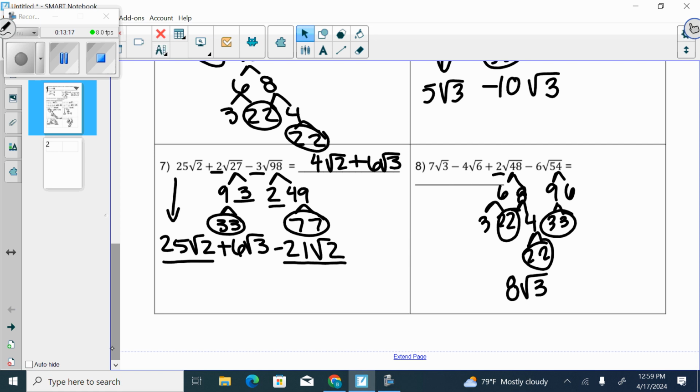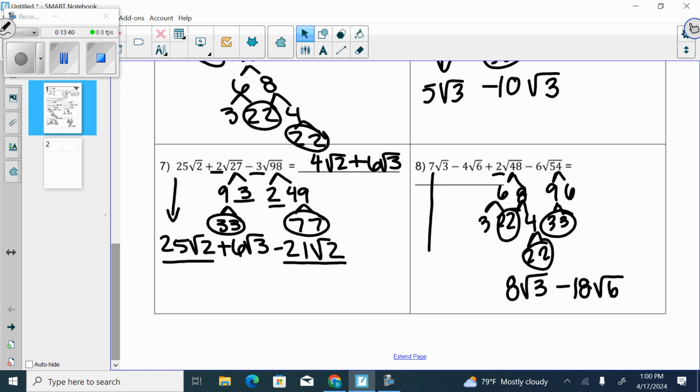Okay. Alright, so I did find a pair of 3's. There was already a what in front? Negative 6. There's only one pair of 3 and a negative 6. So what's that? Negative 18. And what was left without a pair? The 6. So square root of 6.